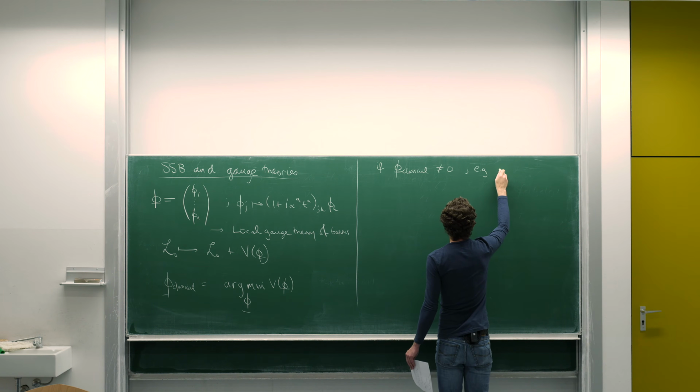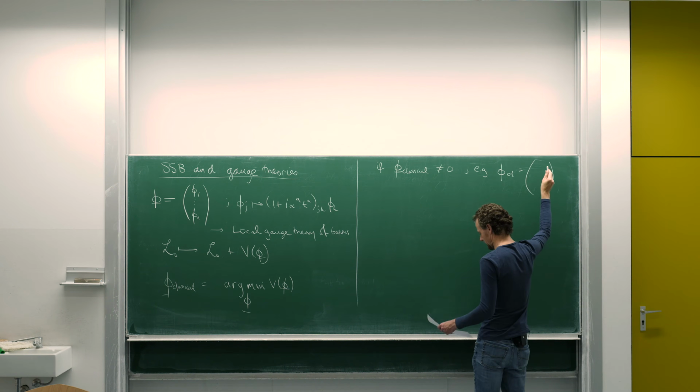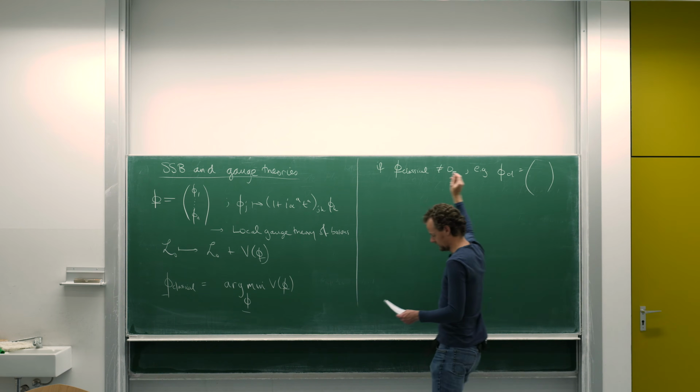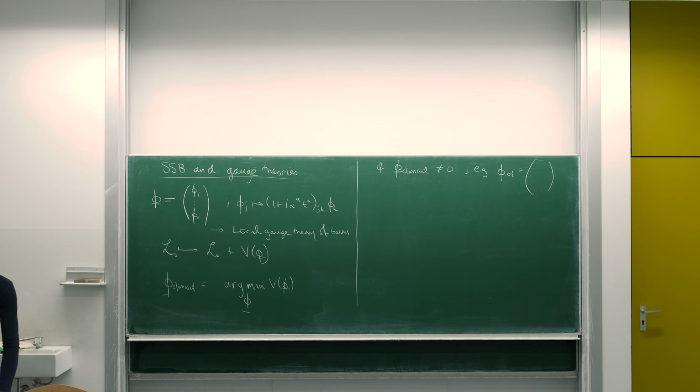And the example that we focused on is one where this minima has one component non-zero and the rest zero. You can always arrange for that to happen by exploiting the gauge invariance.